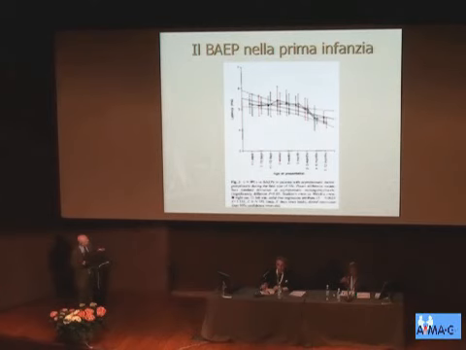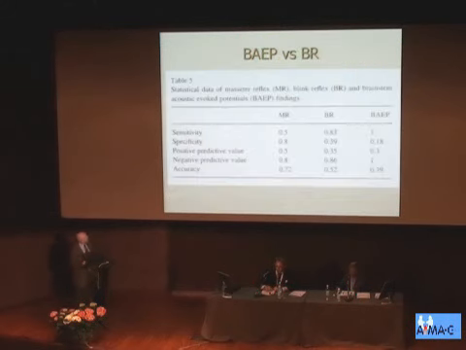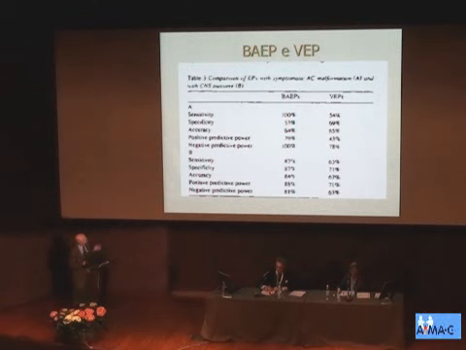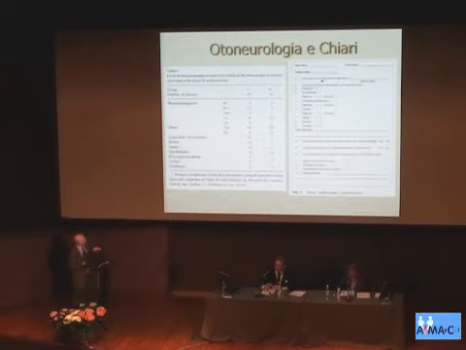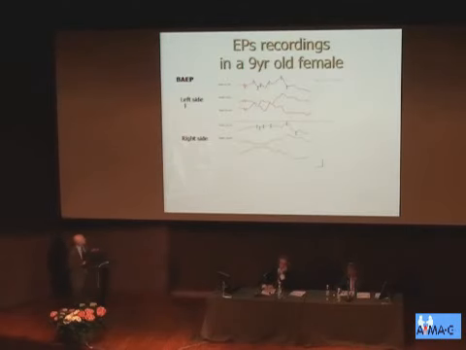So at this level one can adopt a wait-and-see attitude and wait until the potentials recover. If they don't recover, that's an alarming sign. These are slides showing BAEPs and VEPs.